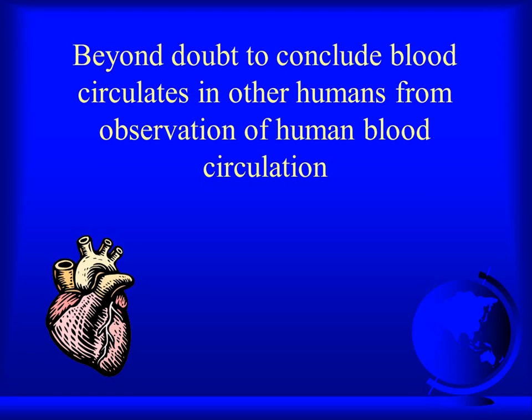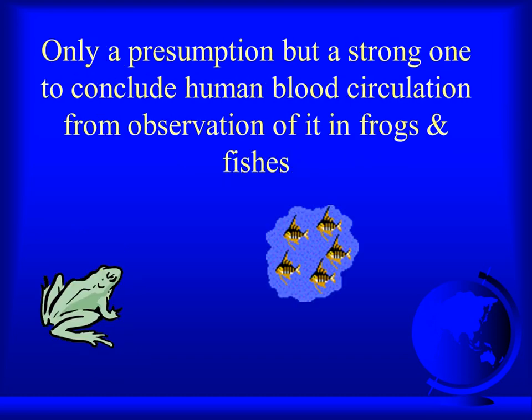So Hume says there are good arguments from analogy, right? If we compare how blood circulates in one human to how it does in another human, we're on really good ground to say, well, it's pretty much the same. But he says, you might still have a reasonably good argument, he says it's only a presumption, but a strong one, to conclude that human blood circulation is like what you might observe in a frog.